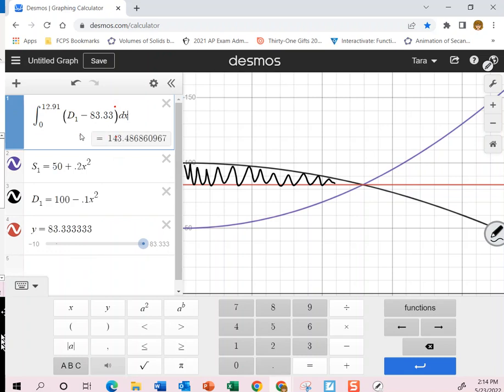So 143.47 is what we're talking about here in terms of that consumer surplus. 143.4 or 49, excuse me. I don't know why I went backwards instead of up. So 486. So how about 49?